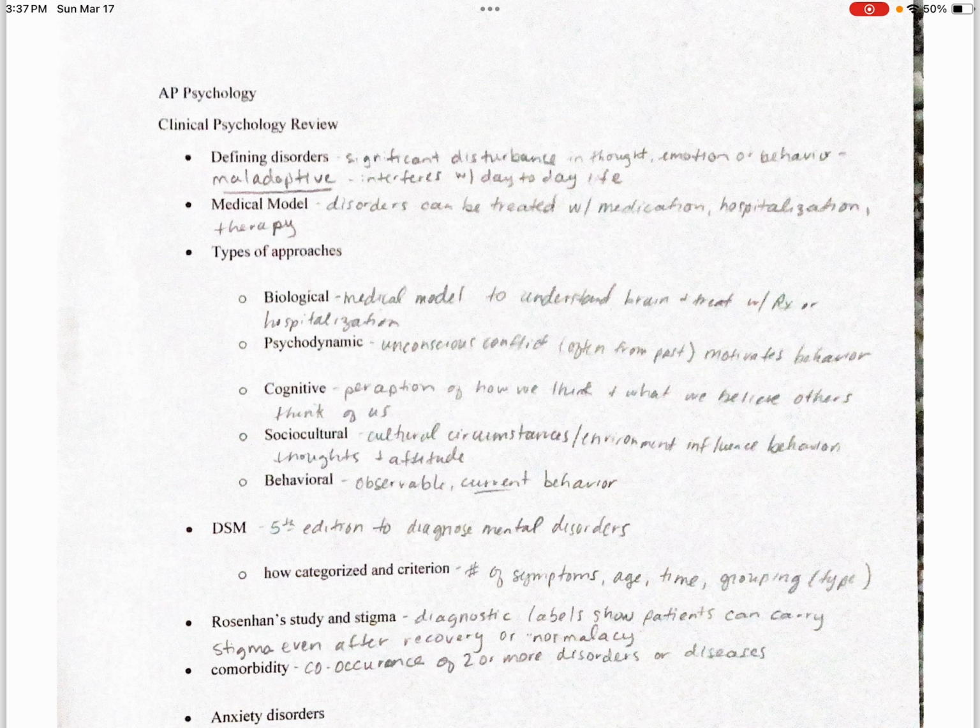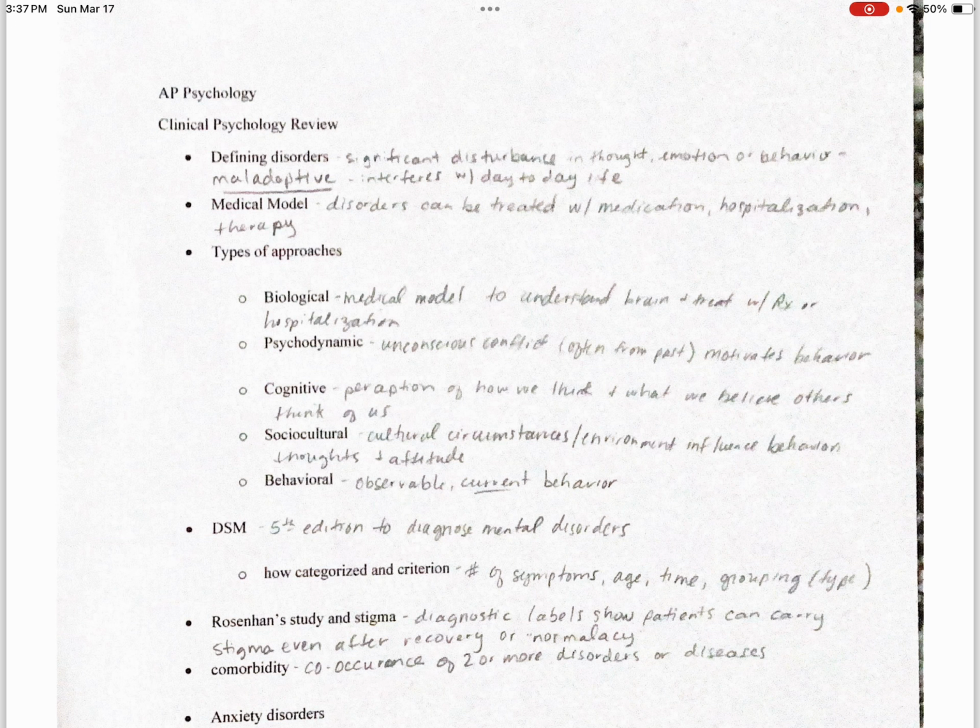The psychodynamic approach, remember, is the Freudian understanding. This is how we understand that unconscious conflict, often stemming back from the past, motivates our behavior or even our thoughts. We don't consciously think about it. It's that unconscious conflict within us.